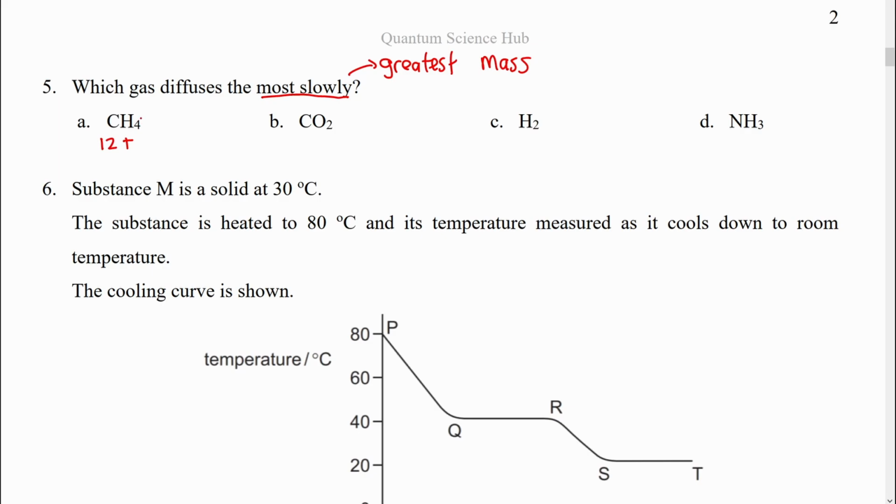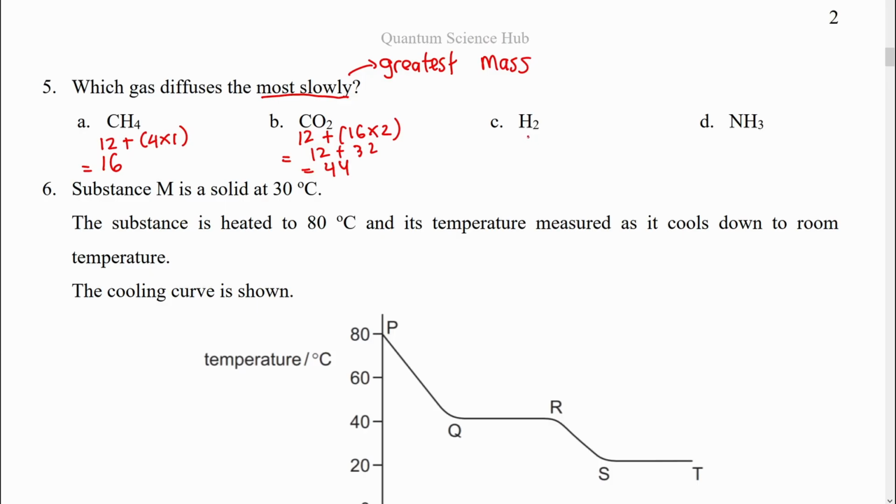So from the periodic table, you will know the relative atomic mass of carbon is 12 and hydrogen is 1. And we have 4 hydrogen here, so it's going to be 4 times 1, so it's going to be 16. Carbon is 12, oxygen is 16, and we have 2 oxygen here, so it's going to be 12 plus 32, which is 44.